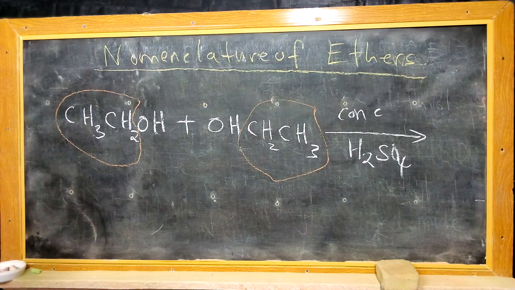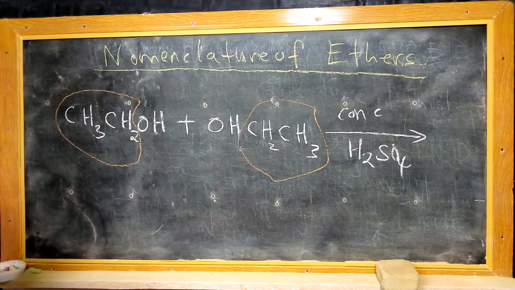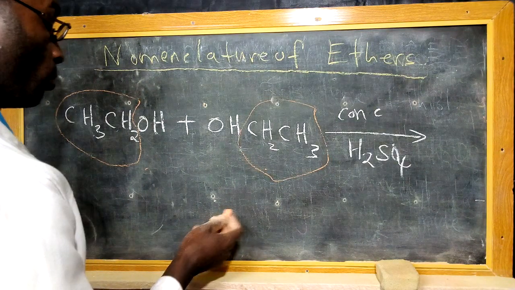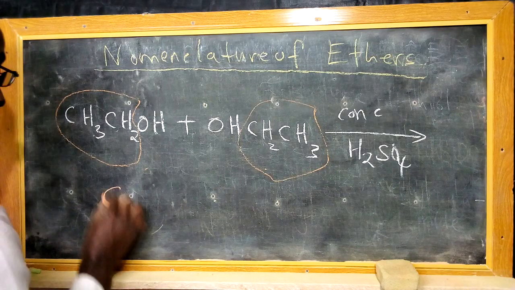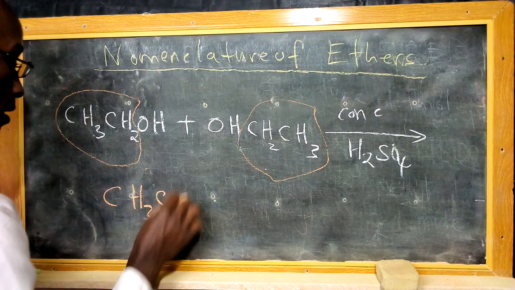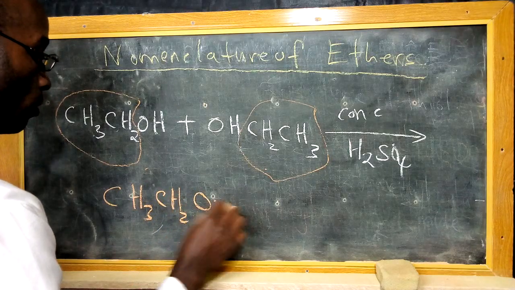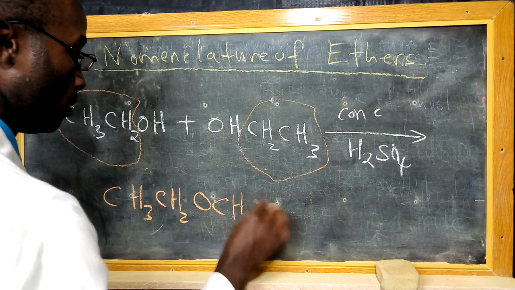So we shall have the name as dimethyl ether. The methyls are two, so we shall have this particular ether, which is CH3OCH3.